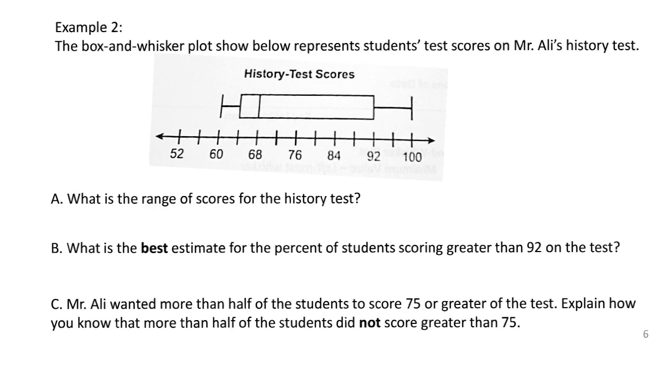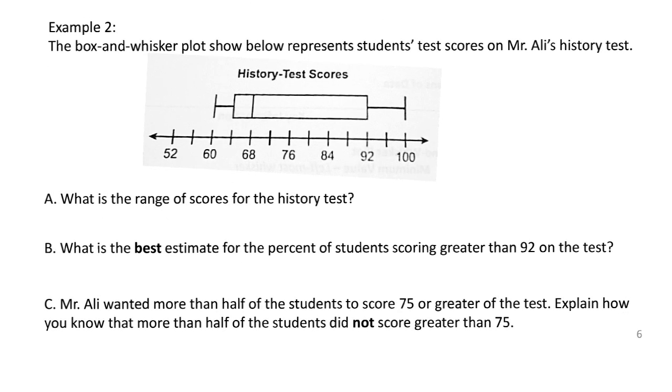It's the box and whisker plot. So I'm first going to label what things are. This is my lower extreme. This is my lower quartile. This is my median. This is my upper quartile, and this is my upper extreme.